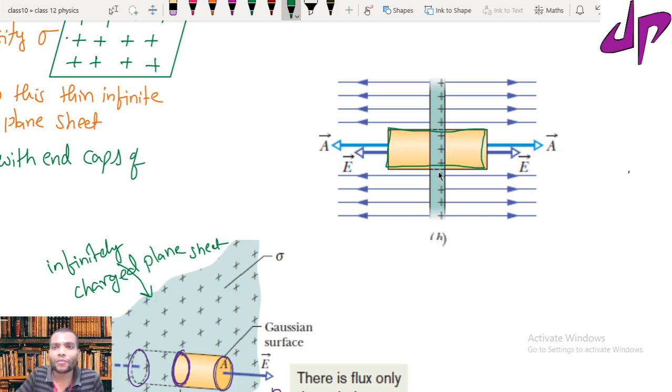Now how are the electric field lines coming? The electric field lines start to come from this side, from the surface. This is a cross-sectional view of the same infinitely thin sheet with a Gaussian surface.